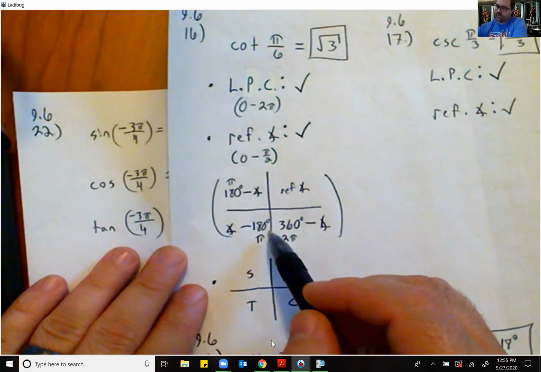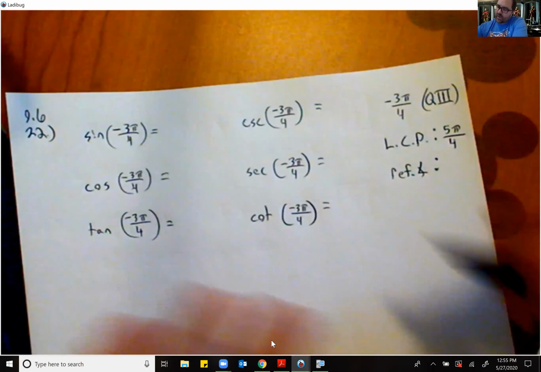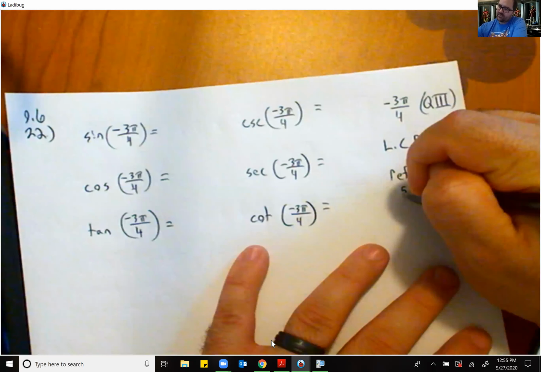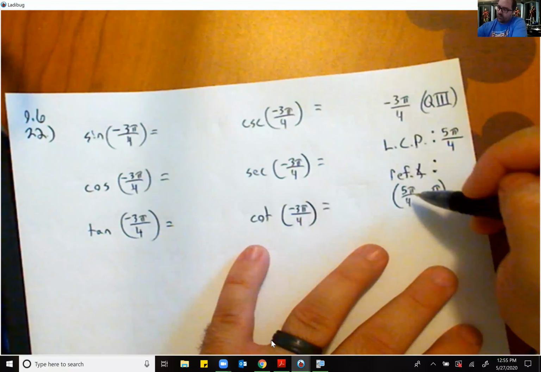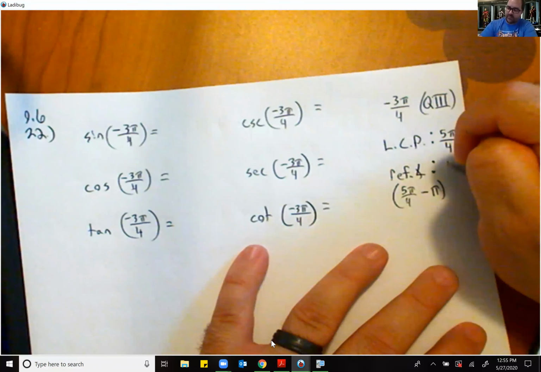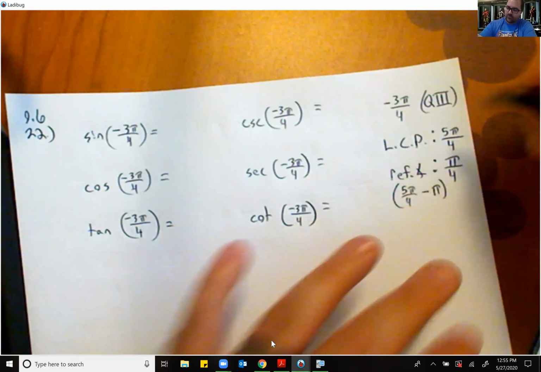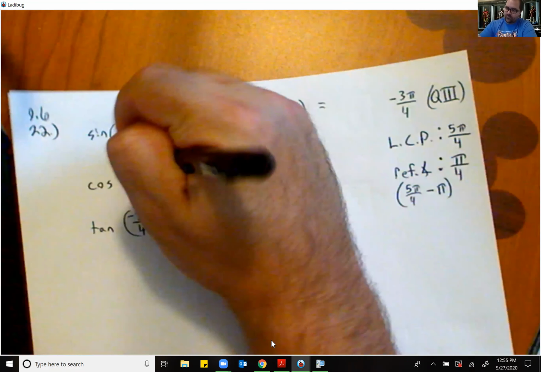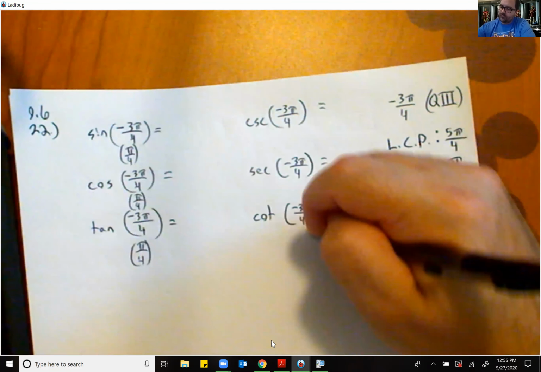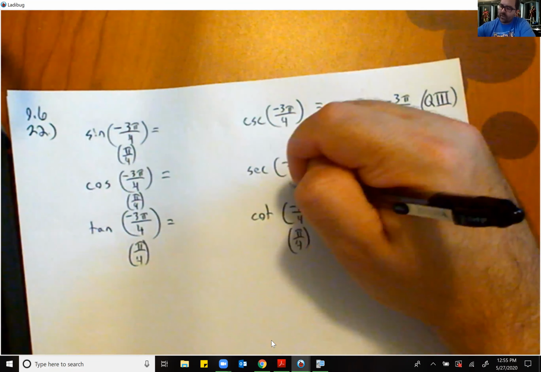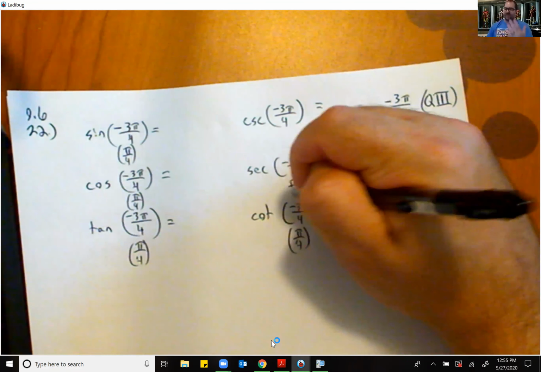So we will take 5 pi over 4 minus pi. Again, that's just fraction work. 5/4 minus 1, which gives you the reference angle of pi over 4. So all of these are going to be based off of pi over 4.